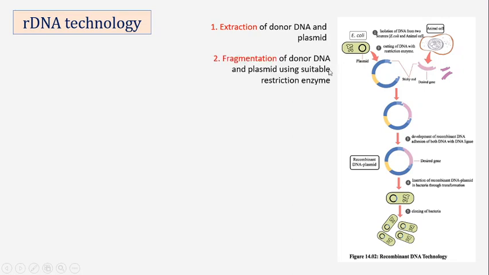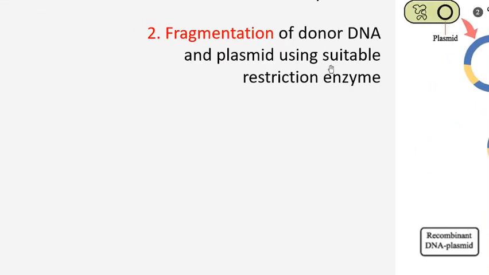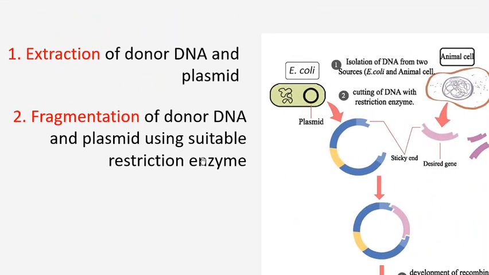Number 2, we make fragments in the donor DNA and plasmid using a suitable restriction enzyme. We don't need the 30,000 genes present in the human cell. We need only the insulin gene.